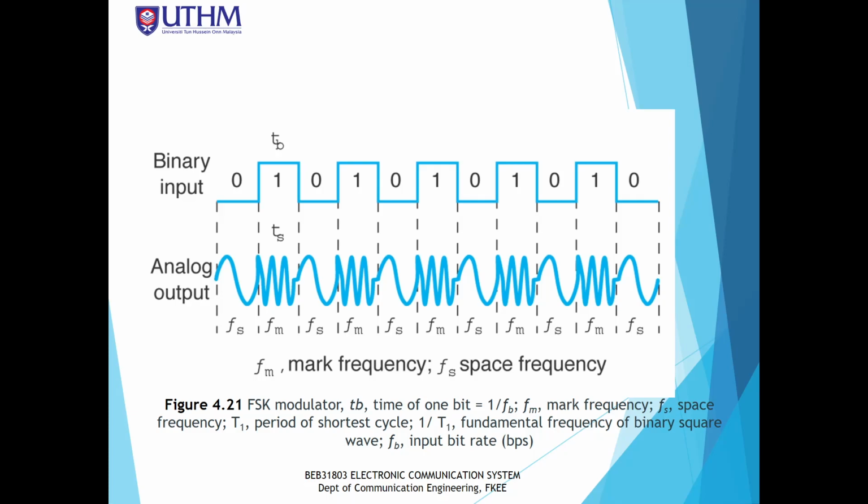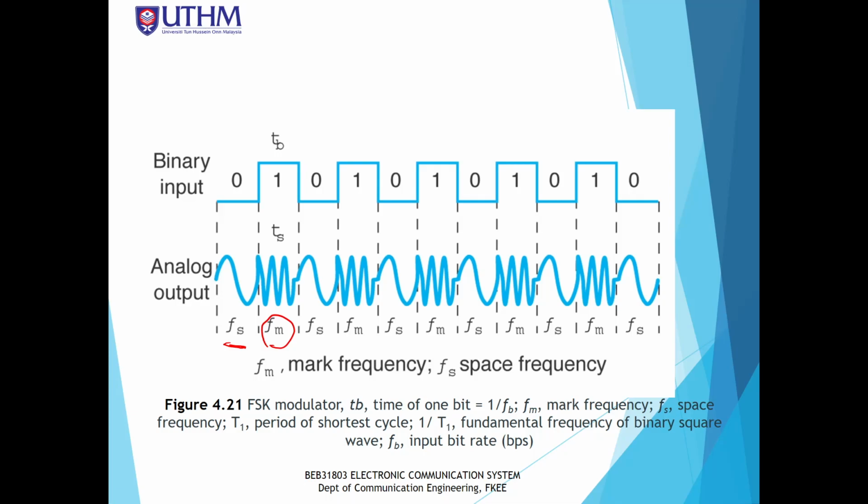For FSK, the low frequency is what we call the space frequency, Fs. And for the high frequency, you see that the ripples are close to one another. This is a high frequency signal, called the mark frequency, Fm. It's not the modulating signal, it is a mark frequency. This is just a term used to represent the low frequency and the high frequency.